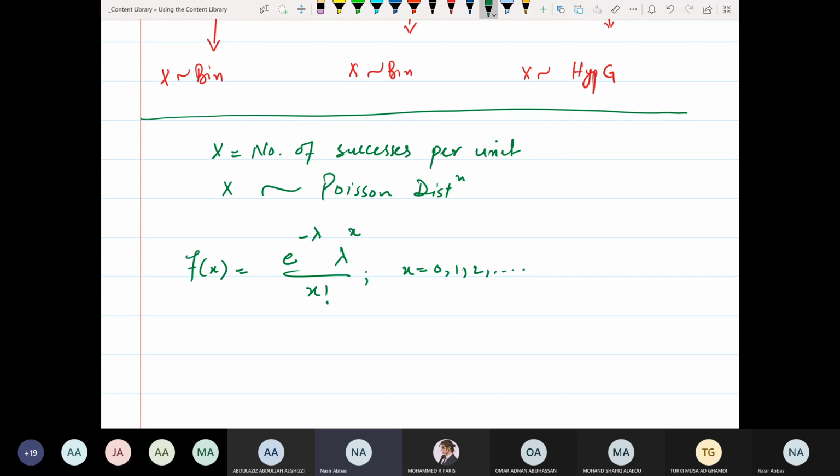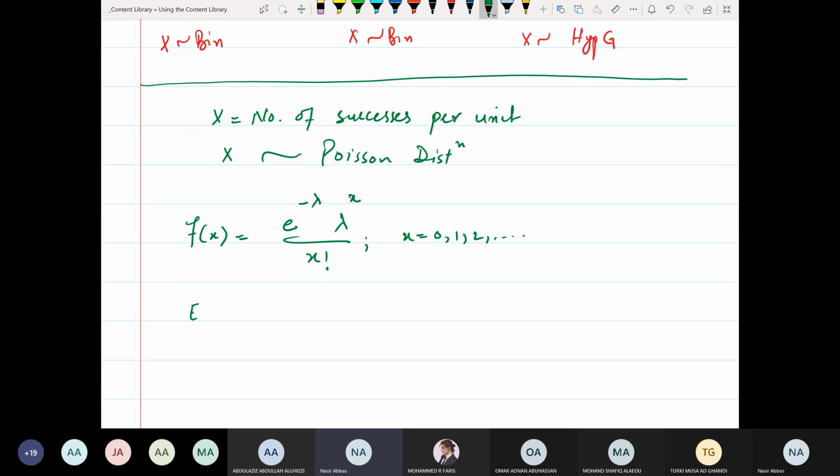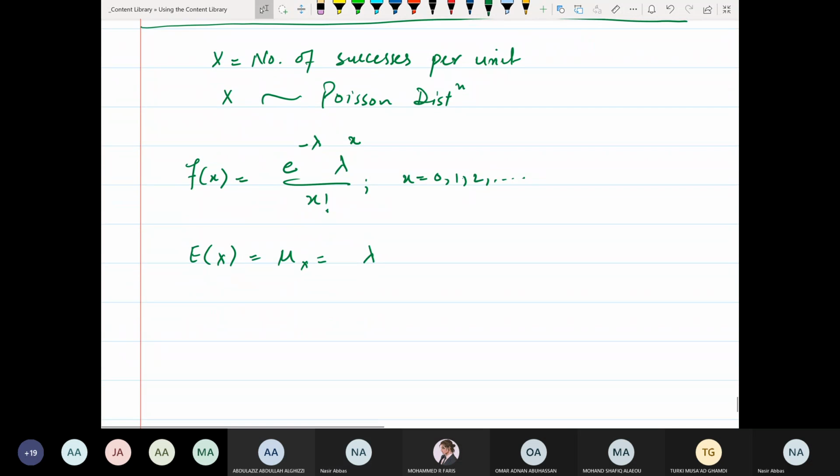And if you see this probability mass function, this mean expression, and the variance expression, other than X, there is one unknown constant, and that is called lambda. And like the other parameters of binomial and hypergeometric, lambda is called the parameter of Poisson distribution.